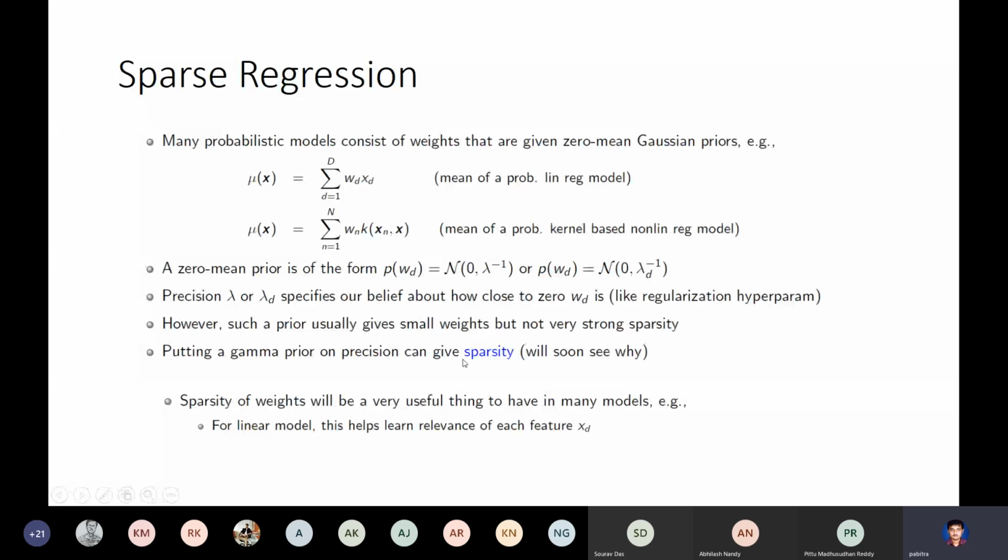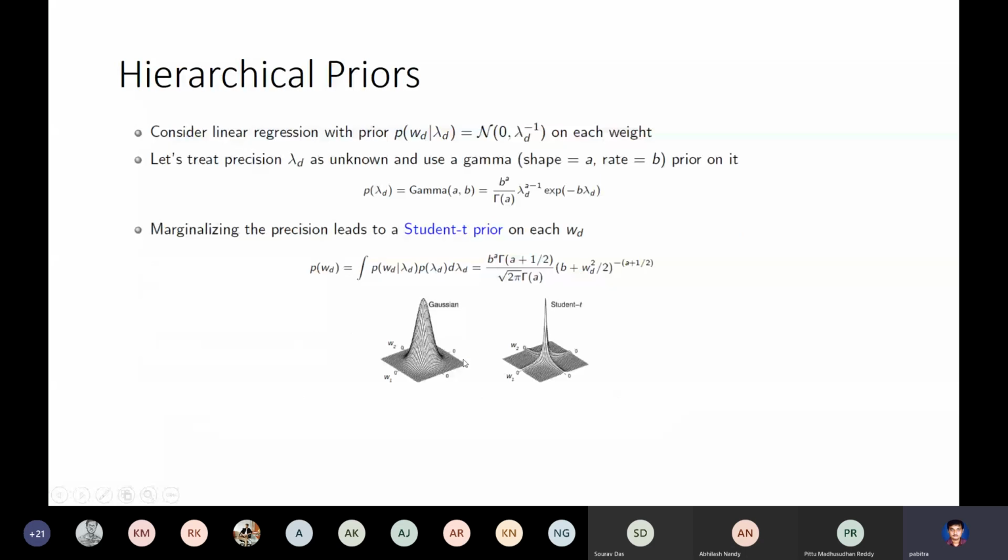One way of doing this is that this lambda d that we talked about, the spread of each of the WD, how much they are spread from 0, can assume a slightly different prior, a gamma prior with hyperparameters alpha and beta. Forget about this algebra, just look at this: they are sharper. They are a Student's t, unlike a Gaussian.